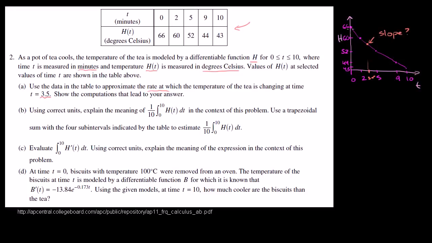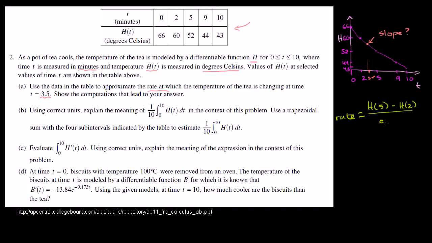We don't know the actual function, so the best way to approximate the slope at that point is to find the slope between minute 5 and minute 2. So the rate is going to be approximately our change in temperature over those 3 minutes: h(5) minus h(2), in degrees Celsius, over the number of minutes that changed.